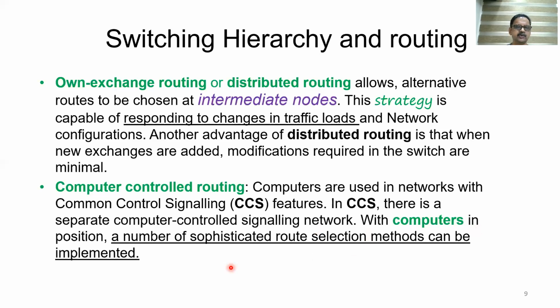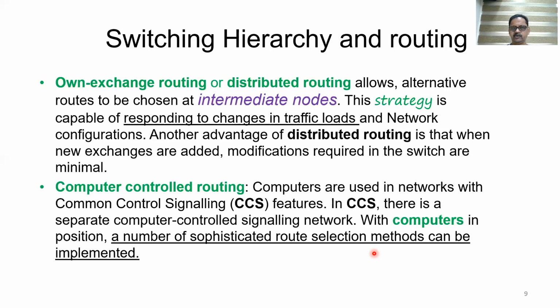With computers in position, a number of sophisticated route selection methods can be implemented because computers have their own processing and decision-taking capability. The computer will decide depending upon the situation, the time of the call, or the busyness in different routes. It will route the traffic through the best available or the shortest and best path available.